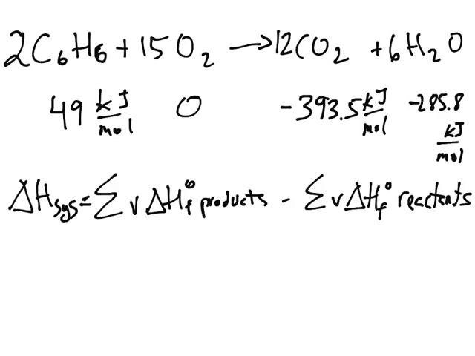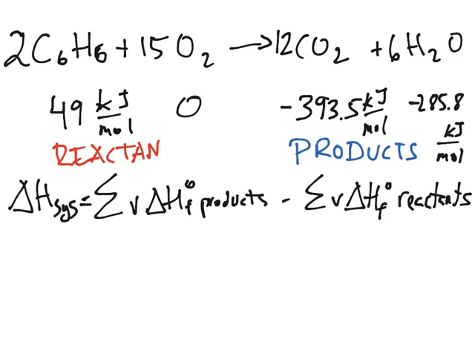So we know that this section right here represents our products and these are reactants. So you'll want to separate it into parts. Let's solve. I'm going to solve first for the sum of the products.